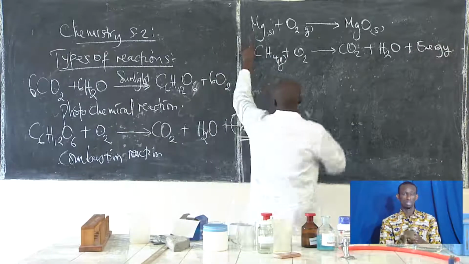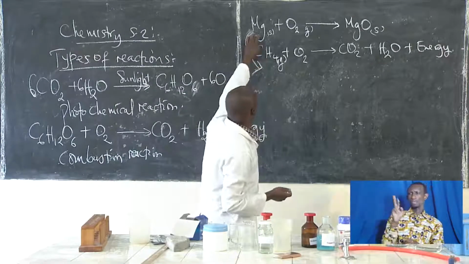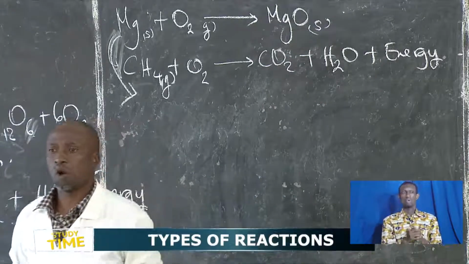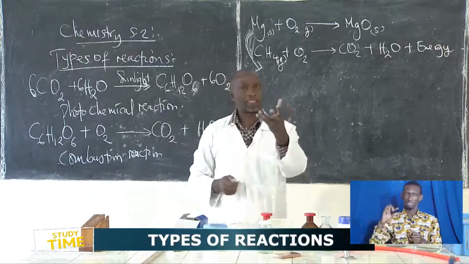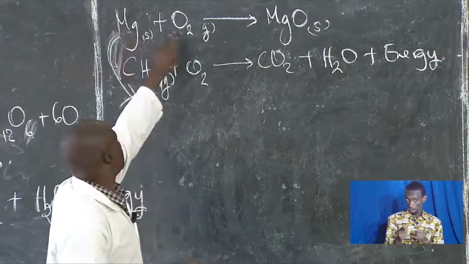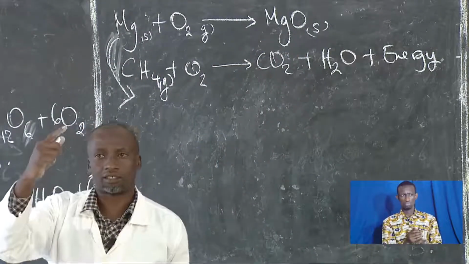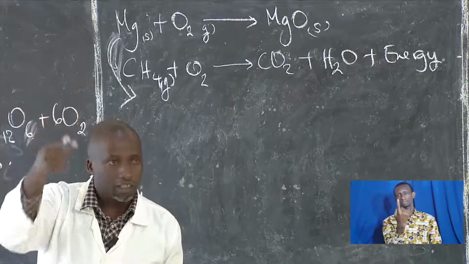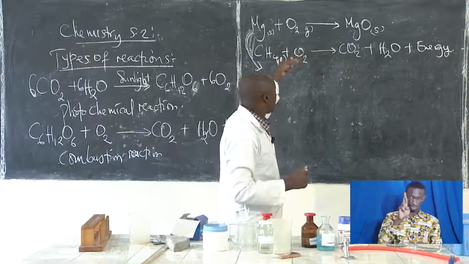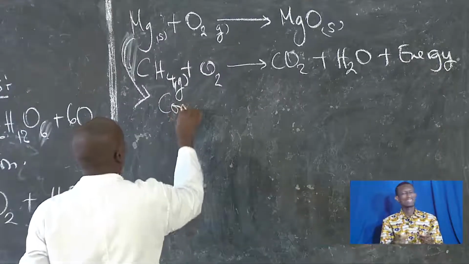Taking an example of this one, you have magnesium combining with oxygen to give magnesium oxide. When you look at that product, it is made up of these two elements combining together, producing one product. So the type of reaction that is similar to this one, we can also call combination.